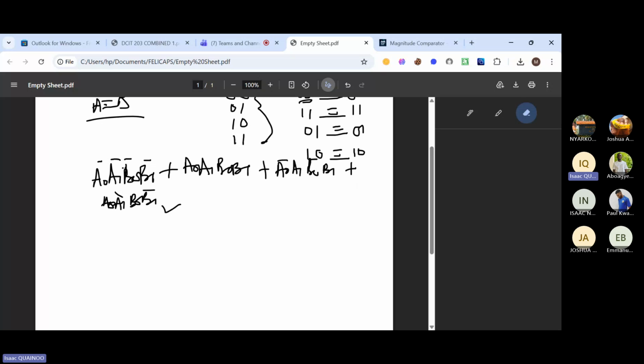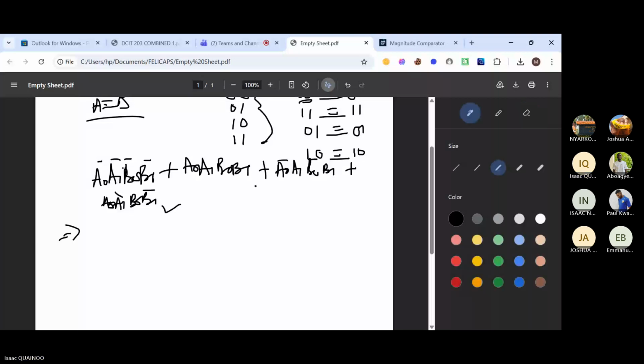To do so, we can proceed to do our groupings. Group like terms.